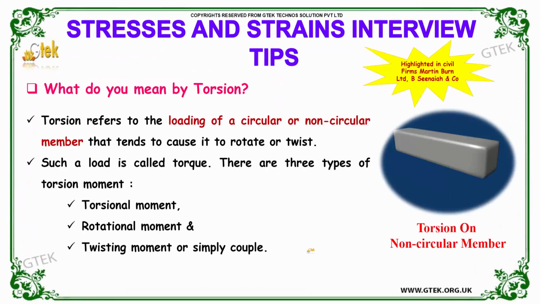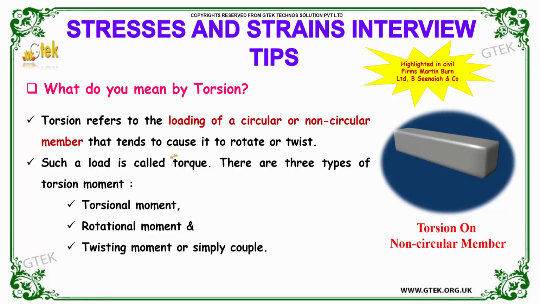Moving on to our next question. What do you mean by torsion? Torsion refers to the loading of a circular or non-circular member that tends to cause it to rotate or twist. So the loading will cause rotate or twist.